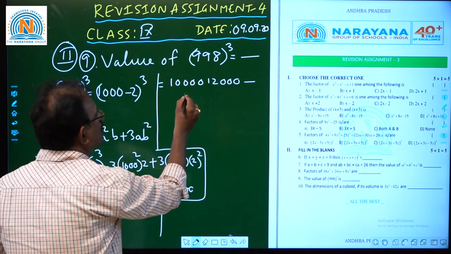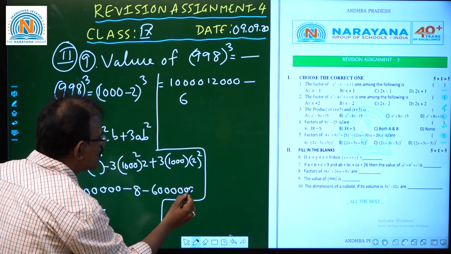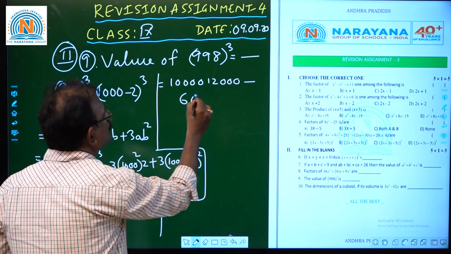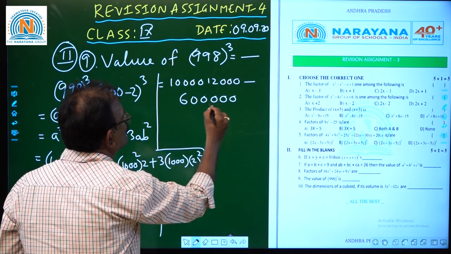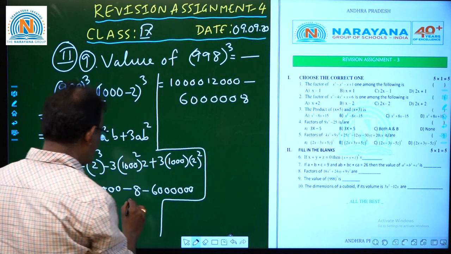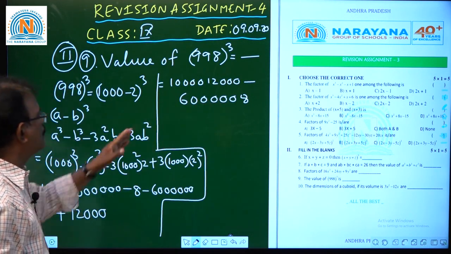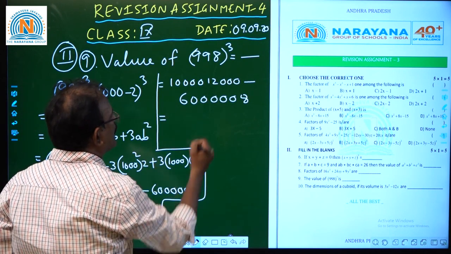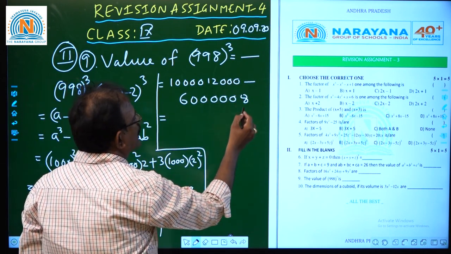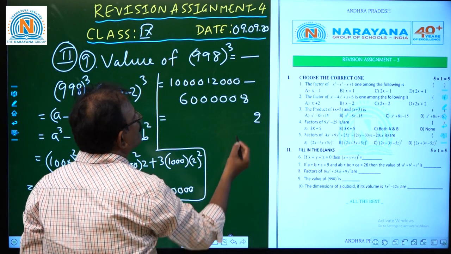So 6, after how many zeros? Actually 6 zeros are there, so keep 5 zeros, then 8. When you add the negative numbers and add the positive numbers, now if you subtract 10 from 8, 2.